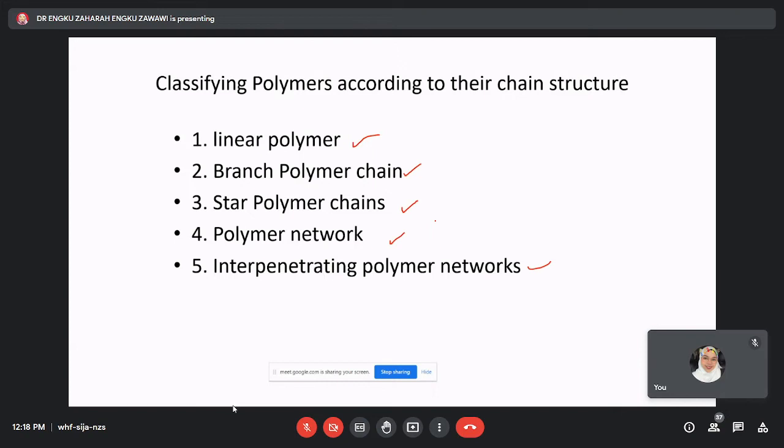This means defining the polymer based on the way the chains or monomers are connected together. They can be connected linearly, as branched, or as star polymer chains. This defines many of the polymer's attributes, and it is attributed to its properties. So for linear polymer chains, we know almost all are exclusively thermoplastic.